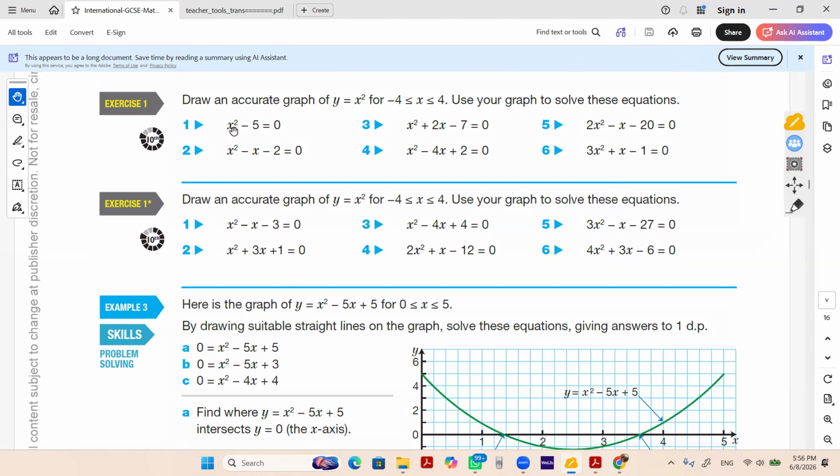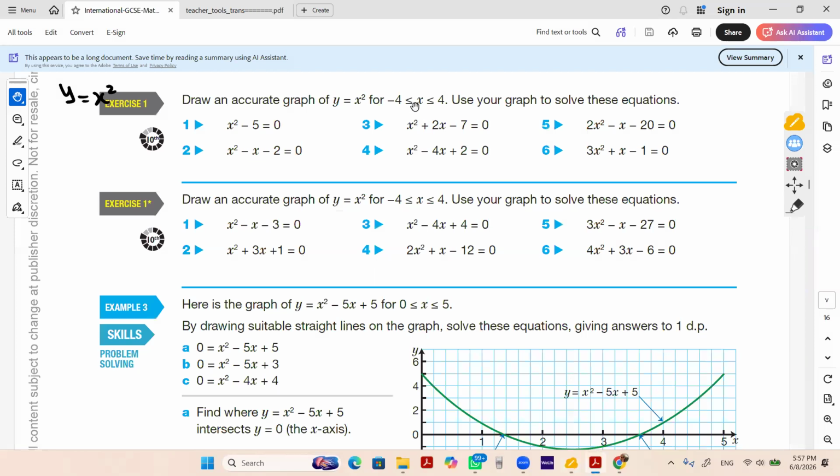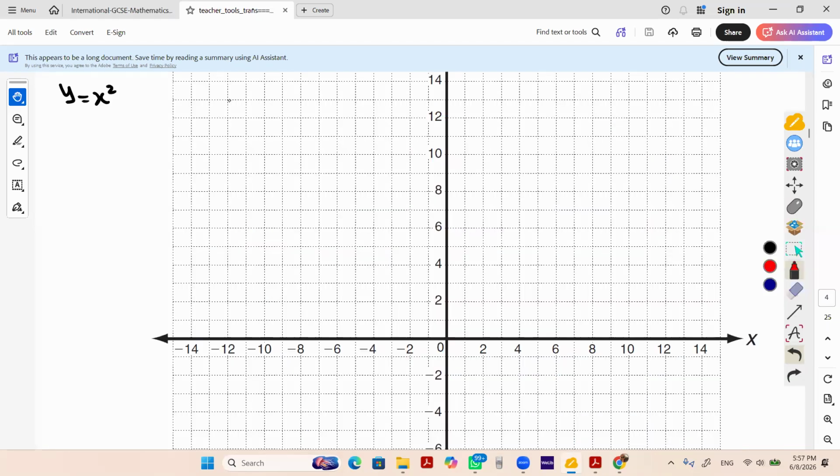And the first equation x squared minus 5. y equals x squared, and the values of x from what to what? From -4 to 4. X starting from -4 to 4.